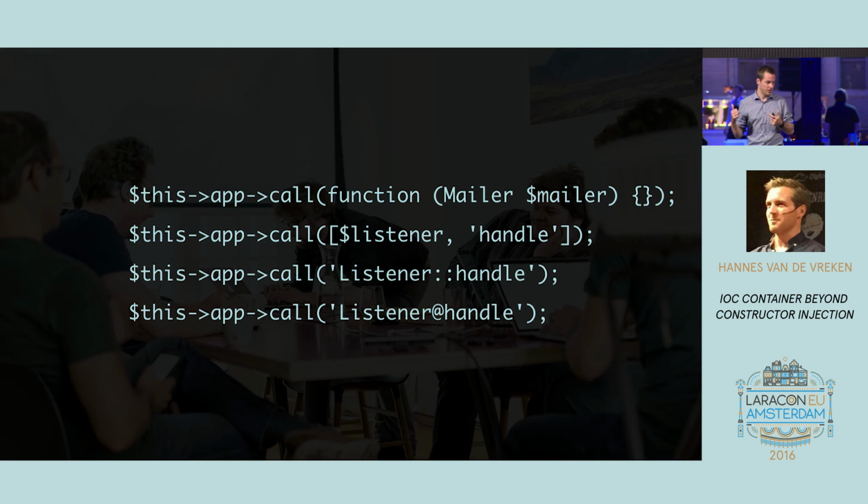The same is true for the other ones. And the last one, it will create whatever is needed to inject into the constructor of this listener, and then it will create whatever is needed for the handle method on that listener object. Of course, the result of this function will be returned by the this->app->call method.